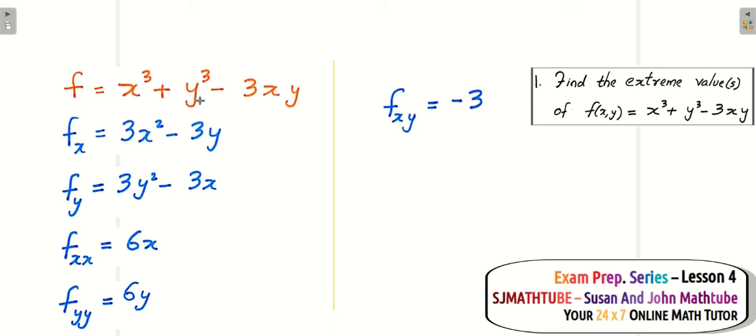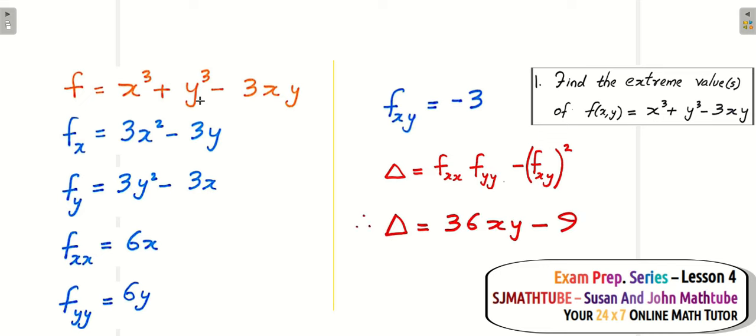Now let's do one more thing. Let's calculate delta. I hope you remember the formula for delta, fxx fyy minus fxy the whole square, and that will be, here's our fxx and fyy, so 36x into y minus 9.